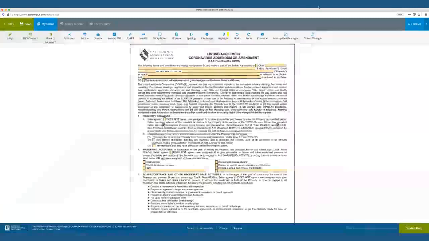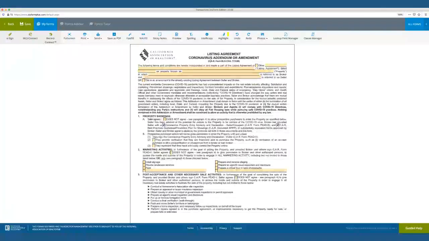Along with your listing agreement, you should also be doing the listing agreement coronavirus addendum or amendment. It's an addendum when it's attached to the listing agreement. It's an amendment when it's added after the fact. So we are going to always add it with the agreement, so that it is an addendum.